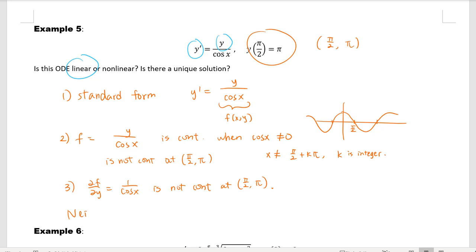Okay, so neither existence nor uniqueness is guaranteed by the theorem of existence and uniqueness near the point (pi over 2, pi).